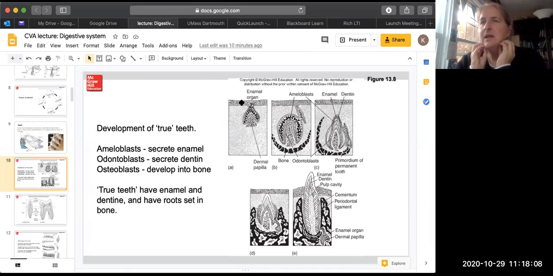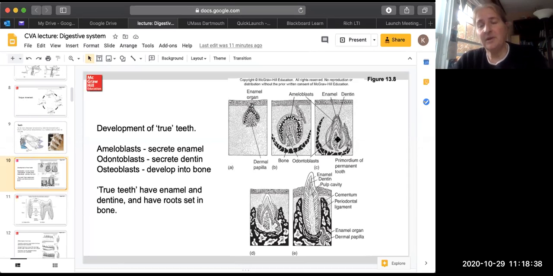They're developing all in a little pouch in the gums. And then they put down the layers, these hard layers, the ameloblast, the enamel and dentine, right? The bone is forming underneath this dark tissue here, right? It's all formed, and the full shape of the tooth is formed in the gum before it even erupts, right?